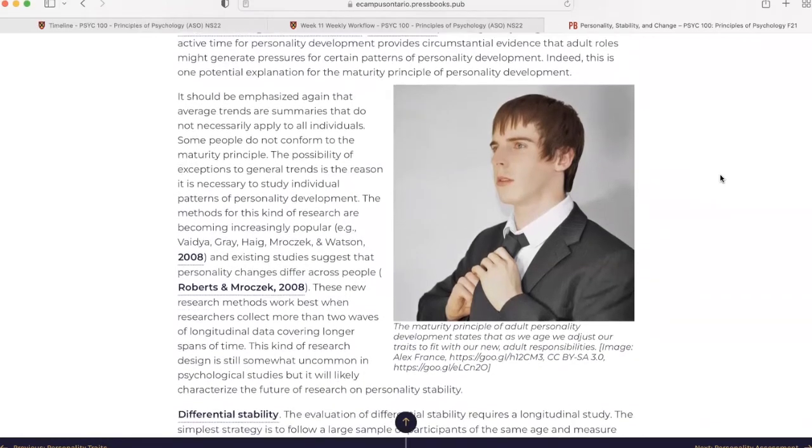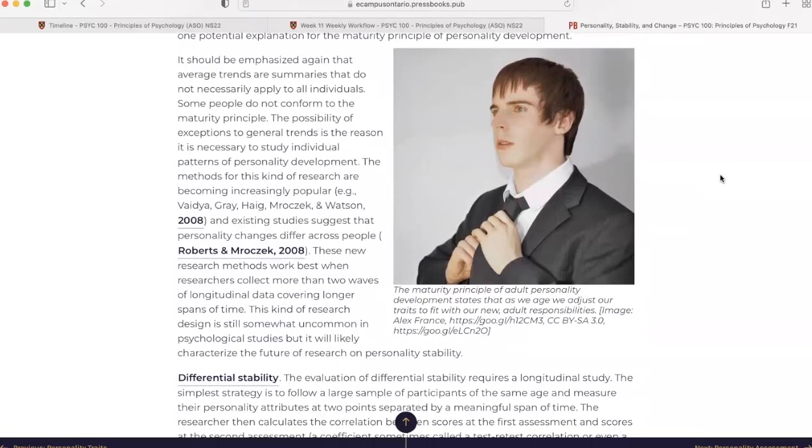It should be emphasized again that average trends are summaries that do not necessarily apply to all individuals. Some people do not conform to the maturity principle. The possibility of exceptions to general trends is the reason it is necessary to study individual patterns of personality development.